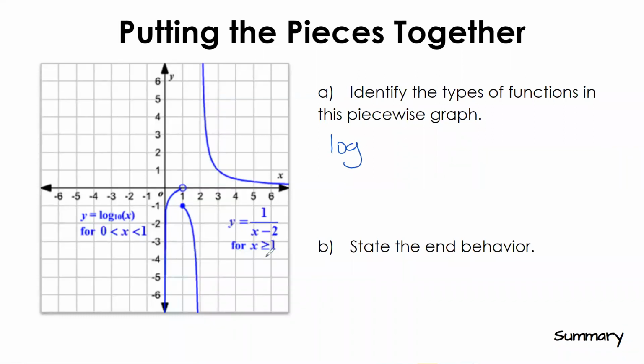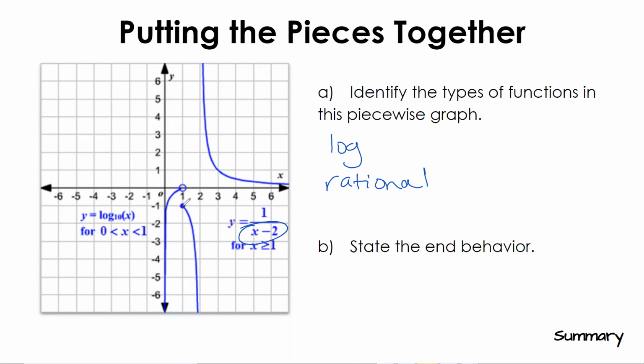We also have this equation right here, and it tells us what the type is. That's a rational function. Remember, rational functions are going to have an x in the denominator. It's going to be like a fraction.